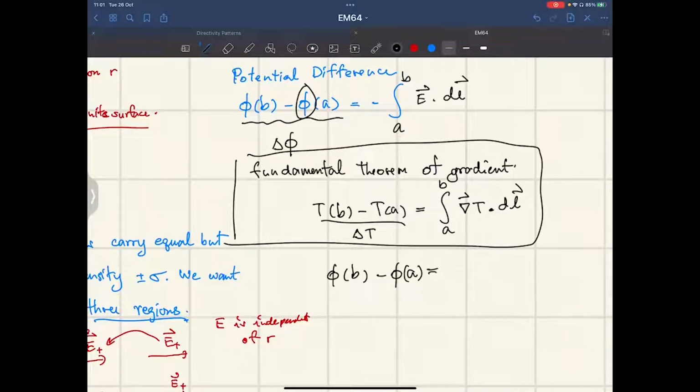Equal to the integral from A to B of gradient phi. Yeah. Any questions? I just put it like this. See?